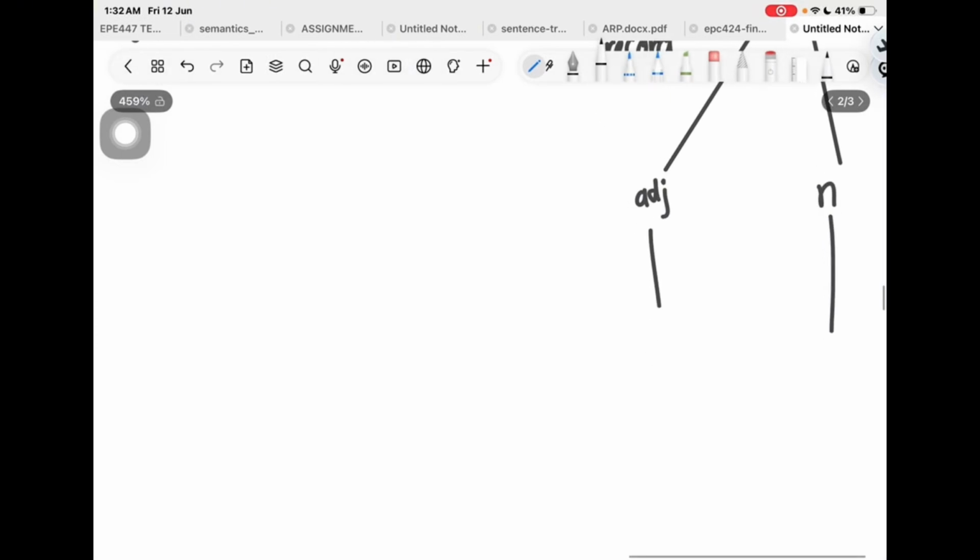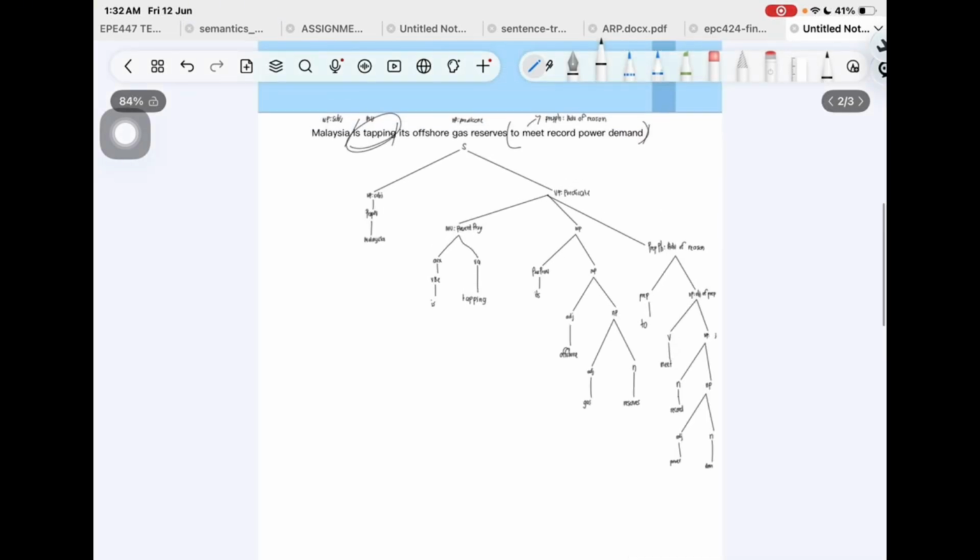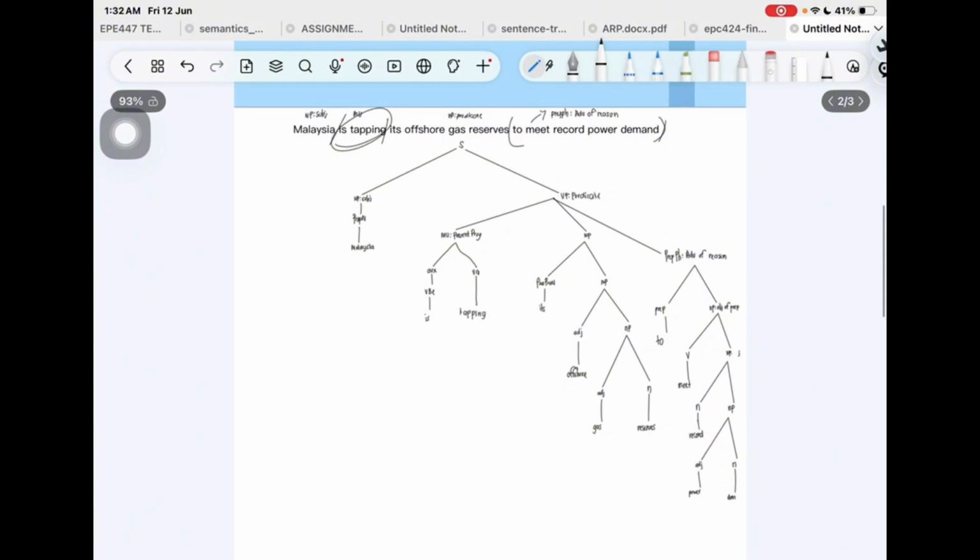The adjective is the word power, and the noun is demand. Well, this is the tree diagram of my sentence.